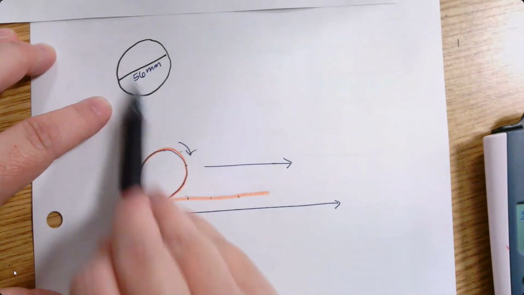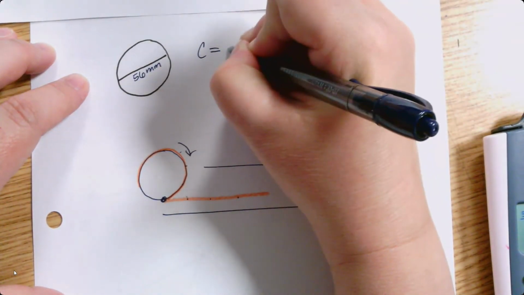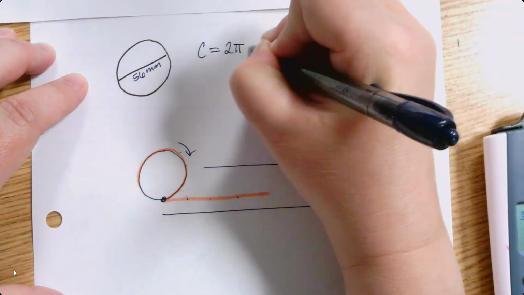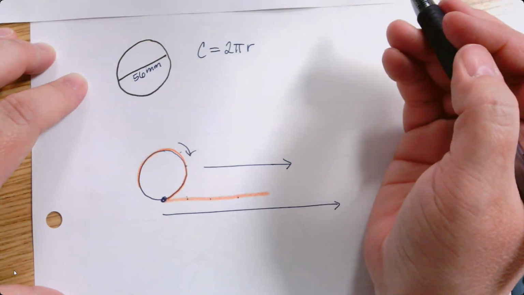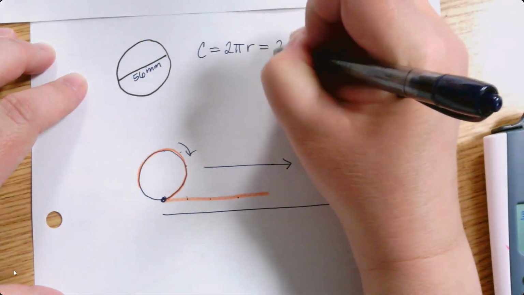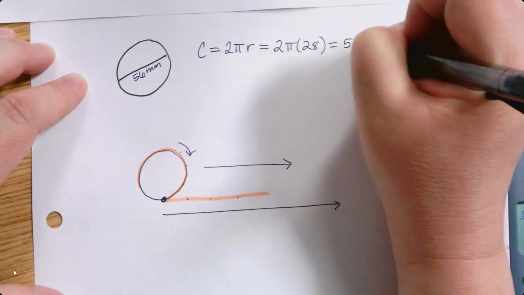So I want to know what the circumference of this is. So let's do circumference for this. I could use pi times d because I have the diameter, or I could take half of 56, and that's 28, and say 2 times pi times 28 is 56 pi.